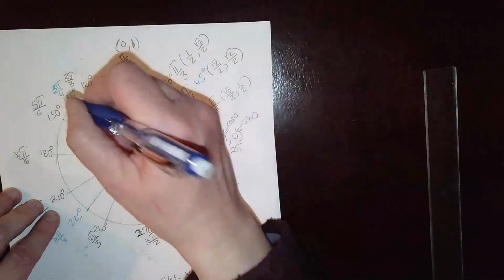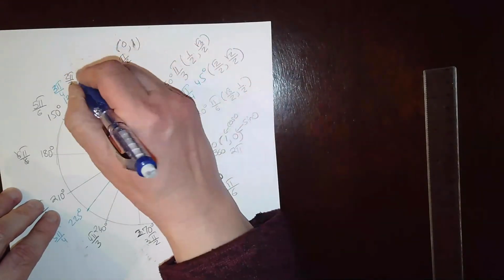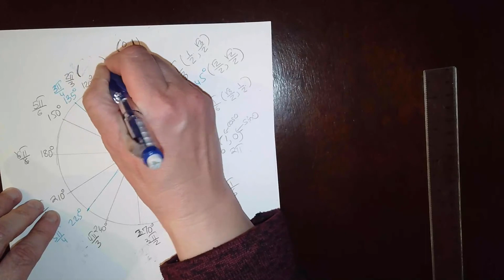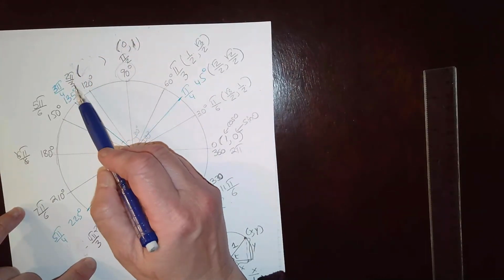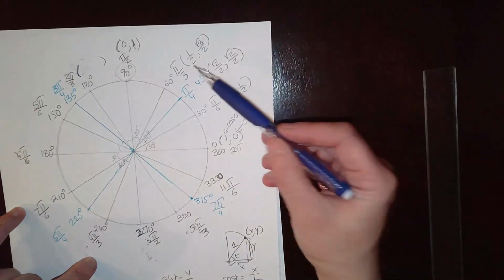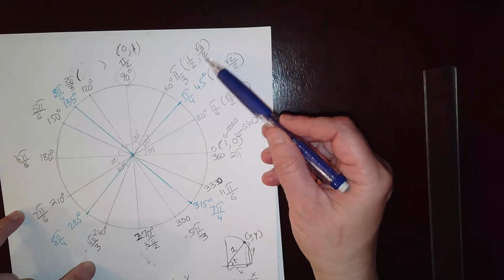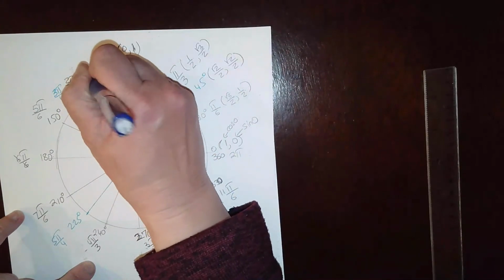So this one right here is 2 pi over 3, and 120, right? What is that point? Now remember, the reference angle of 2 pi over 3 is pi over 3. So there you have it. You're going to have the same actual values, 1/2 and root 3 over 2.